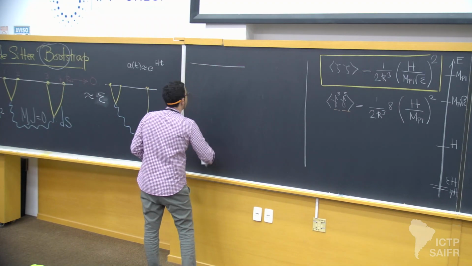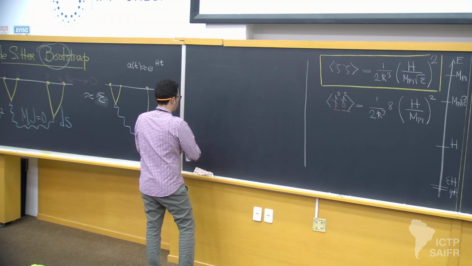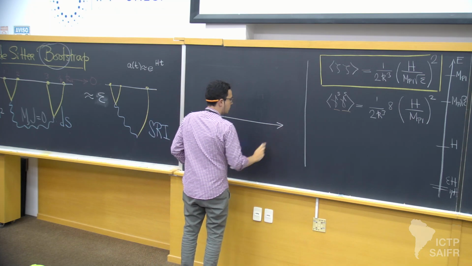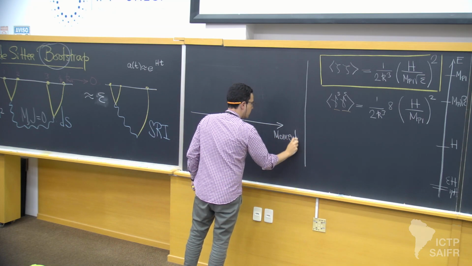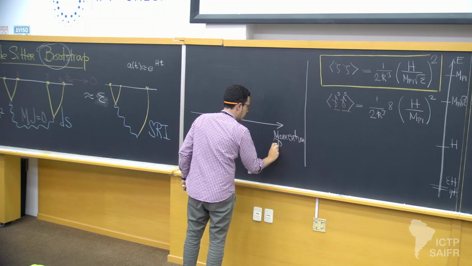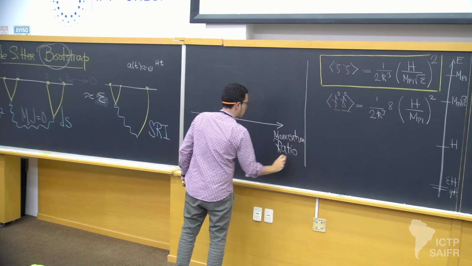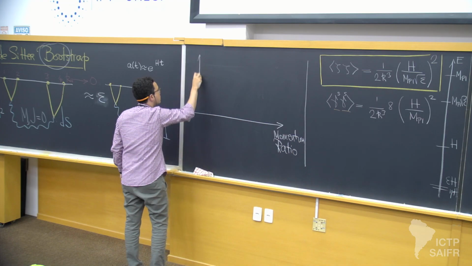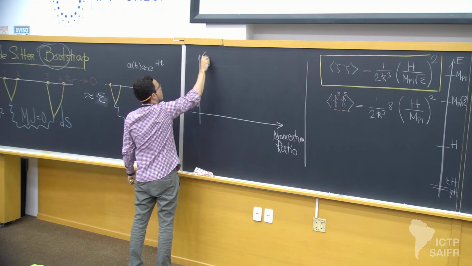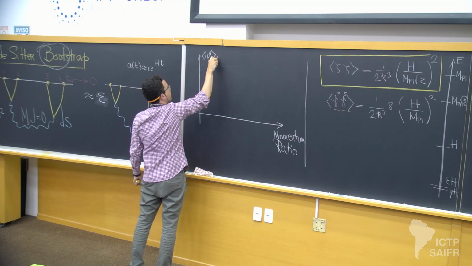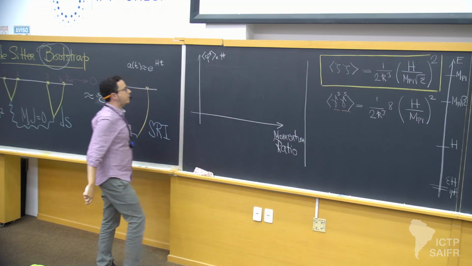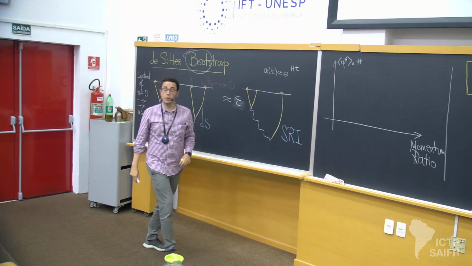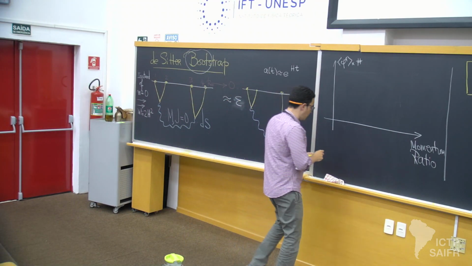So let's take the momentum ratio. And this is like 5 to the 4 multiplied by some factor that just enhances the behavior in the squeeze limit.